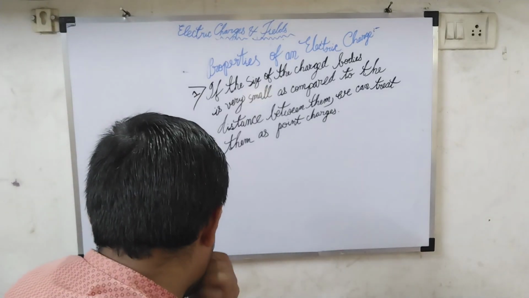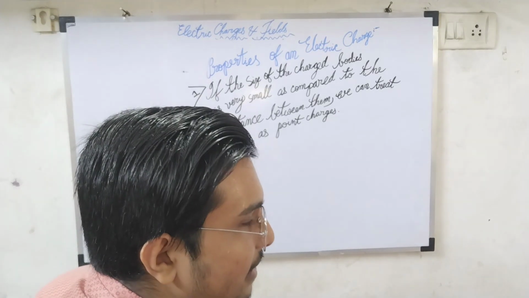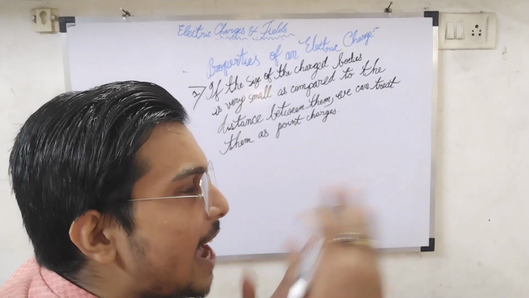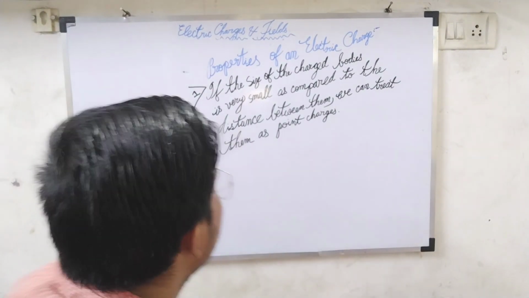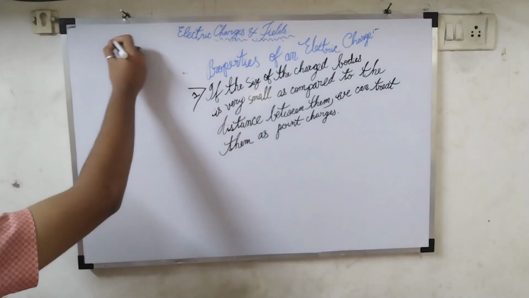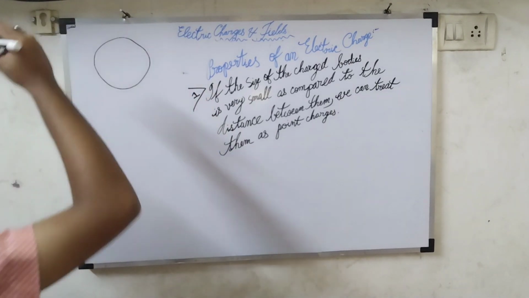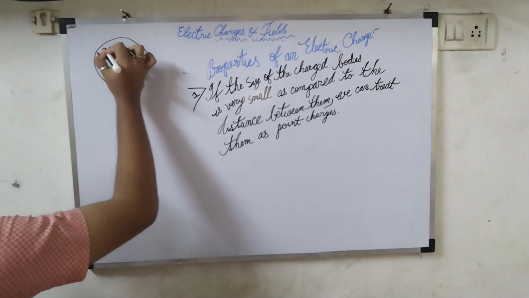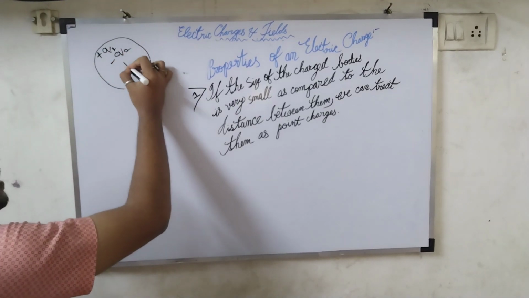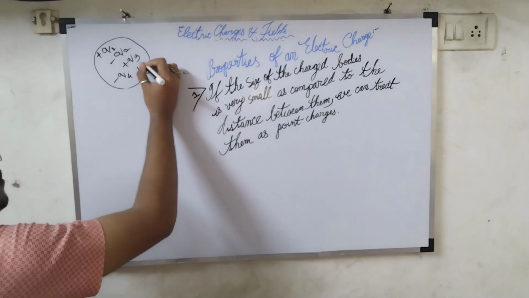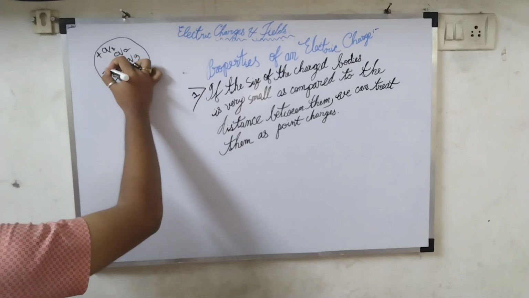Now, the second property. Charge is additive, meaning it gets added up. How many charges are there? For example, here is one circle. There might be plus Q1, minus Q2, plus Q3, minus Q4, plus Q5, minus Q6.